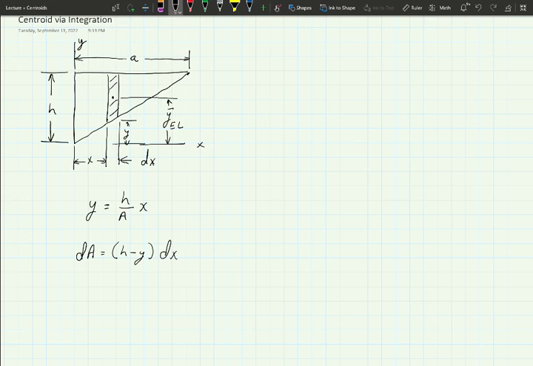And if we do this right, we can solve this for h. It'll be 1 minus x over a dx.